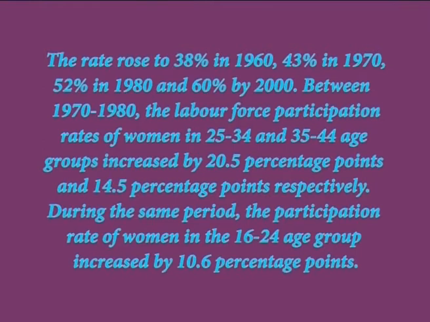Between 1970 and 1980, the labor force participation rates of women in 25 to 34 and 35 to 44 age groups increased by 20.5 percentage points and 14.5 percentage points respectively. During the same period, the participation rate of women in the 16 to 24 age group increased by 10.6 percentage points.